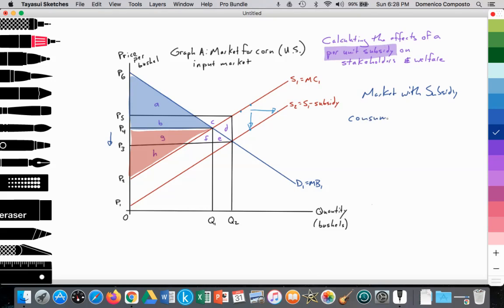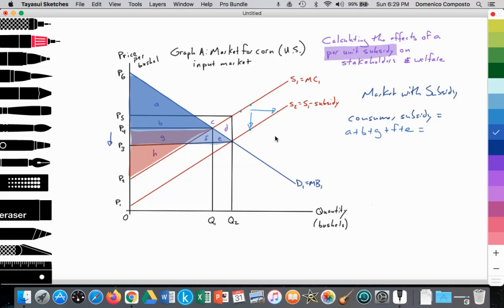So consumer surplus with the subsidy is going to be equal to, and we want to see that here we have the consumers, and they are consuming along the demand curve. Thanks to the subsidy, the price has fallen to P3. So this will represent the level of consumer surplus, or kind of savings, right? Increased amount. So that's going to be equal to areas A plus B plus G plus F plus E.